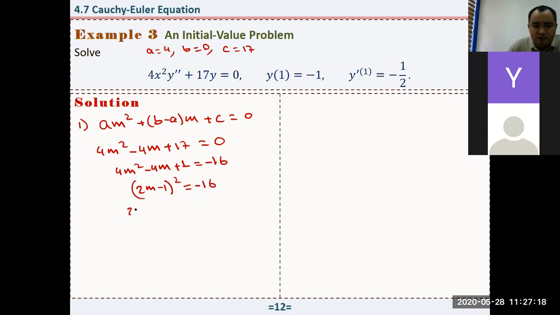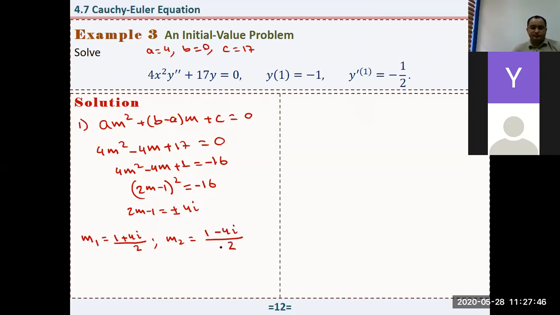So from here, 2m − 1 equals plus or minus 4i. If I move this to the other side, then m₁ will be equal to (1 + 4i)/2, and m₂ will be (1 − 4i)/2.